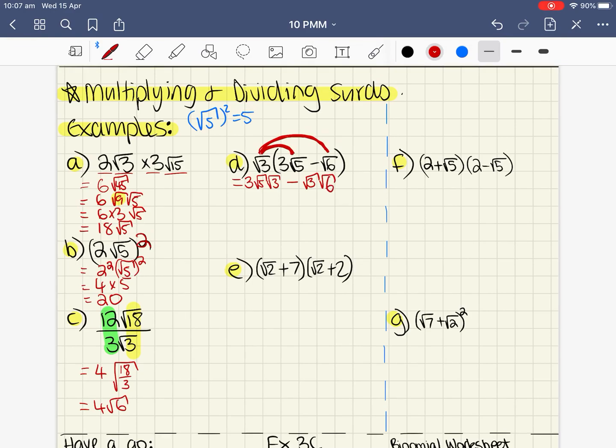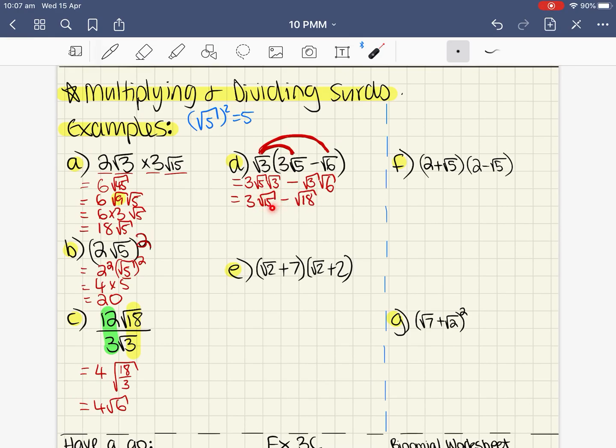All right, let's pop that all together and see what we get. We get 3 root 15 take root 18. Now, we need to be careful. We're not done. This root 18, well, we know 18 has a factor of 9, which is a square number, so we need to be able to simplify that.